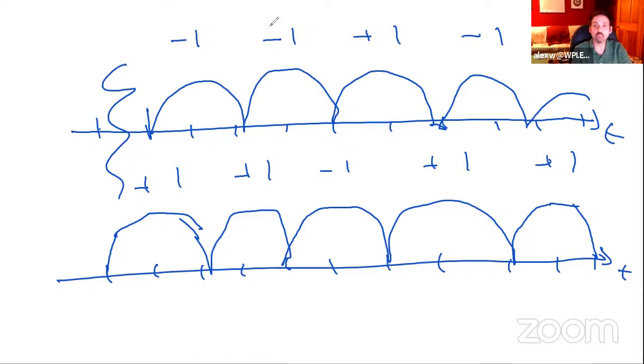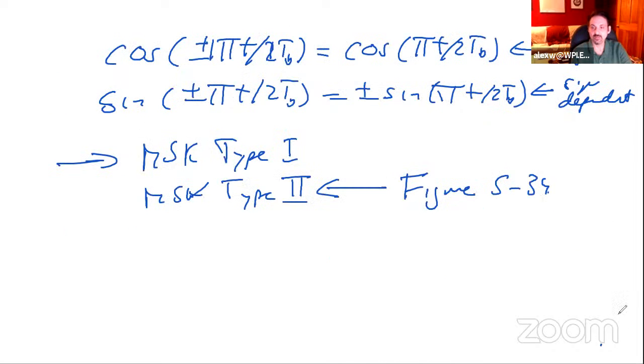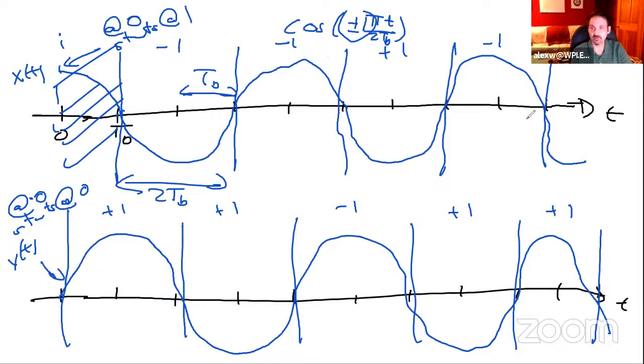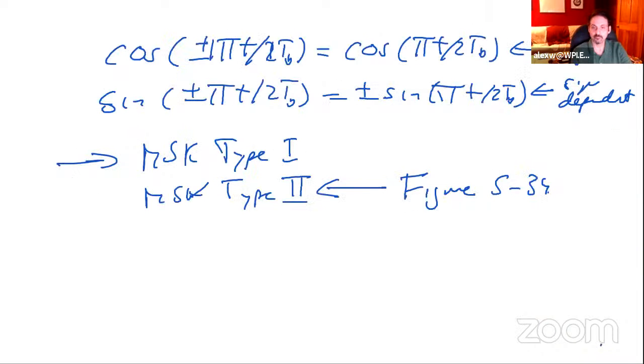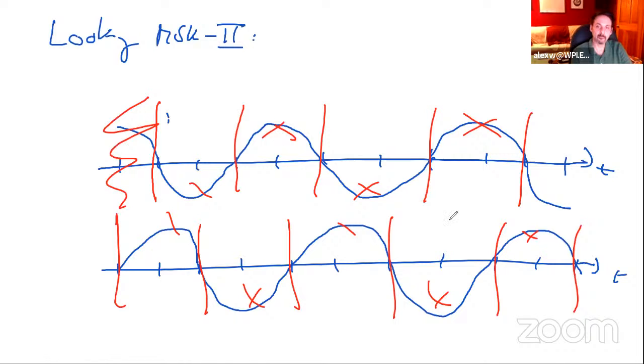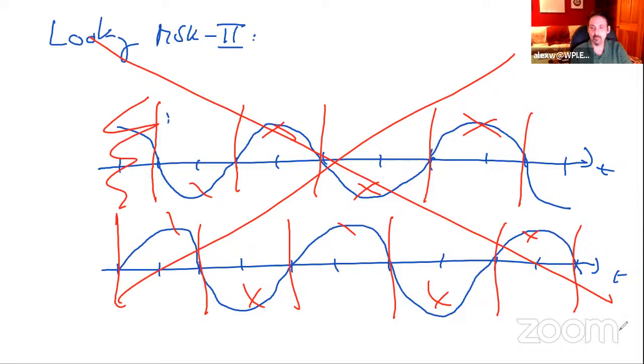End result: red is x of t, and y is x of t. Very important, can't emphasize this enough. It's not the whole cycles. It's just half a period of a cosine or a sine. So it's none of this, z, z, which assumes t goes from -infinity to infinity.